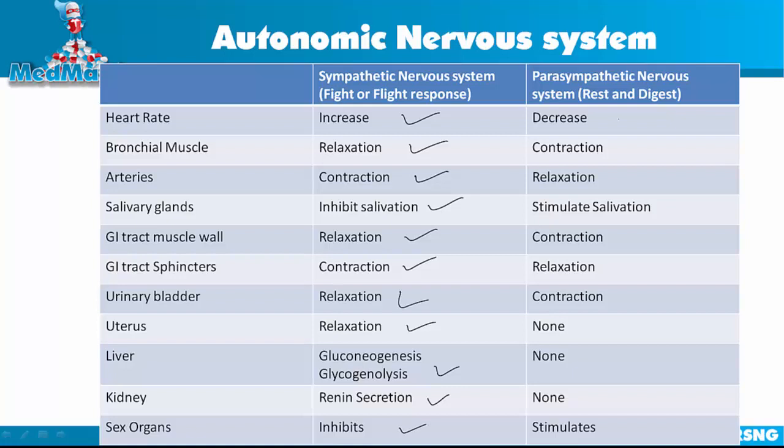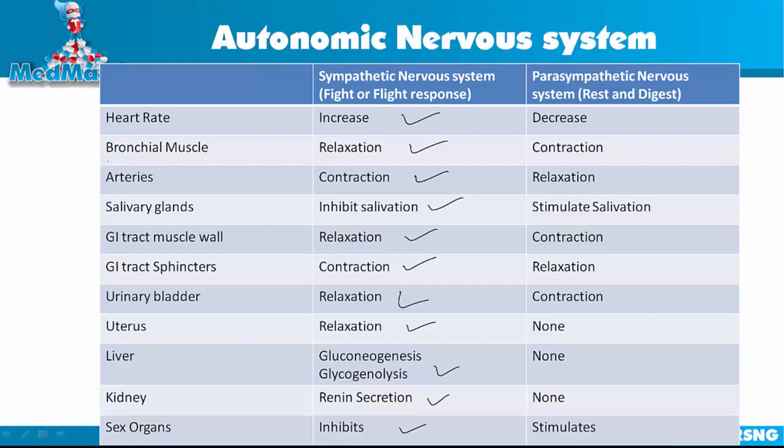When the sympathetic nervous system activates because of the fight or flight response, you need a little more blood in all the skeletal muscles and the body, because they need to produce the energy to counteract the threat that your body is anticipating. That's why the heart rate is going to go up.